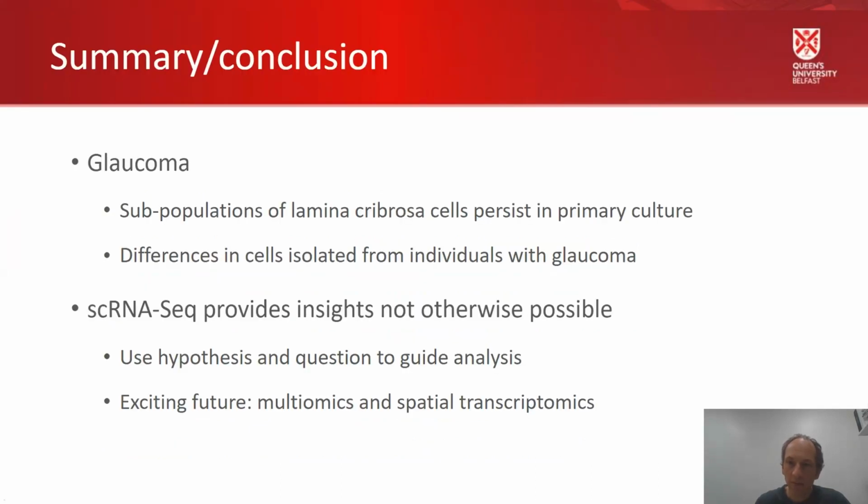So in terms of glaucoma, I think this is interesting that the subpopulations of cells persist in primary culture of the lamina cribrosa, and the preliminary results suggest this may provide some insights into the glaucoma phenotype.